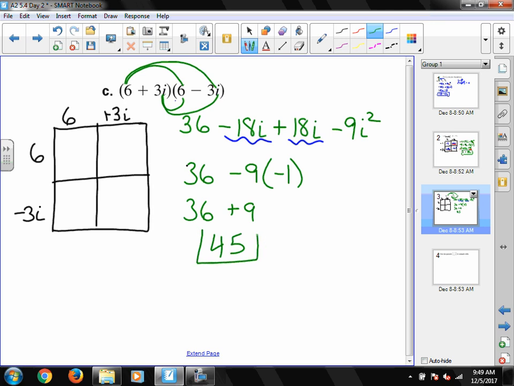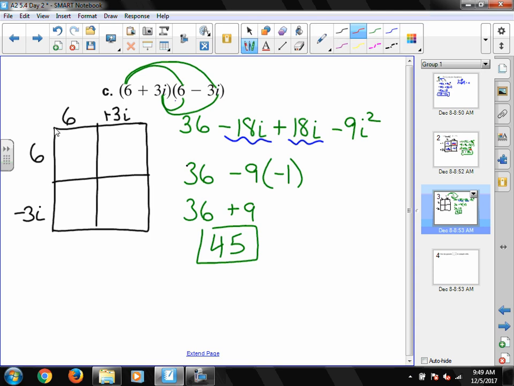And there's our answer. It turned out that when we multiplied 2 complex numbers together, we ended up with a fully real answer here. Now, this was not a coincidence. This is actually what we call the conjugate. And this happens every time. It goes back to your difference of squares factoring. When you multiply it out, those middle terms cancel out.